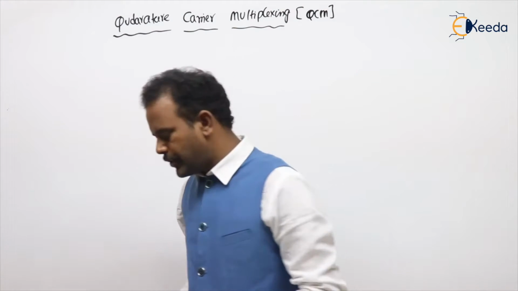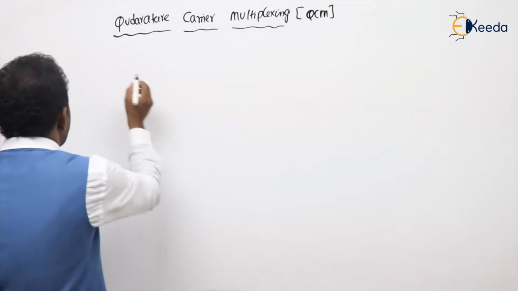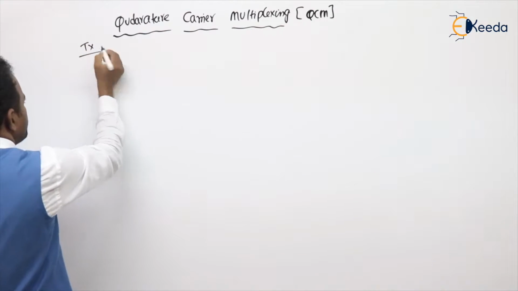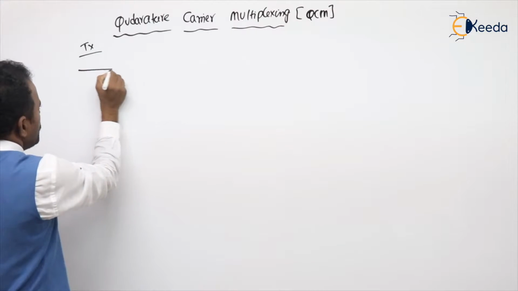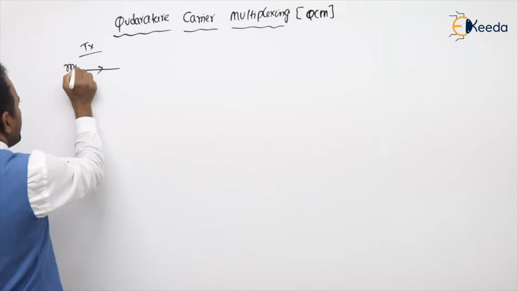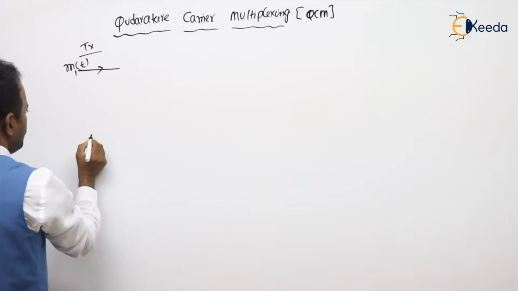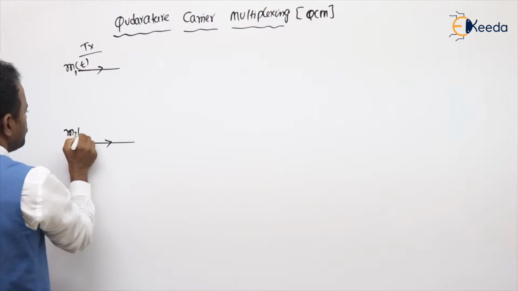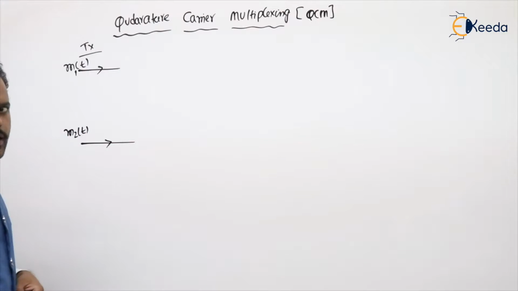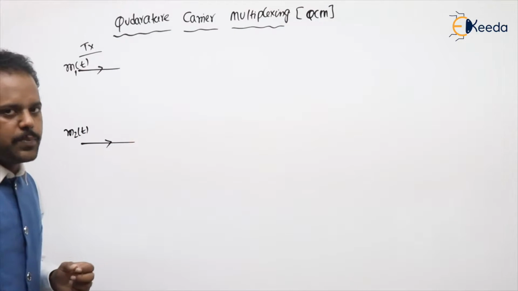So for explaining that, I am taking the QCM transmitter block first. Coming to the QCM transmitter block, I am taking two messages. One is M1 of t, another message, let's call it M2 of t. What technique are we using, sir? We are using DSBSC.